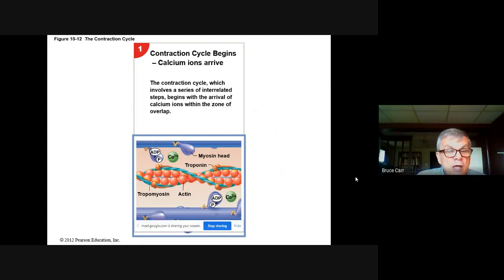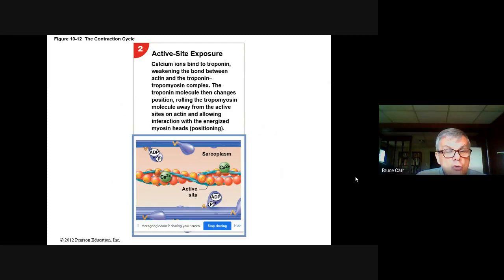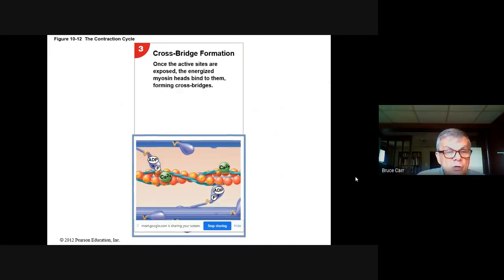You'll notice the rotation from here to here as the tropomyosin-troponin rotates off, revealing the active sites. That exposure allows the cross bridge to form. So watch the myosin heads as they flex down and bind actin.